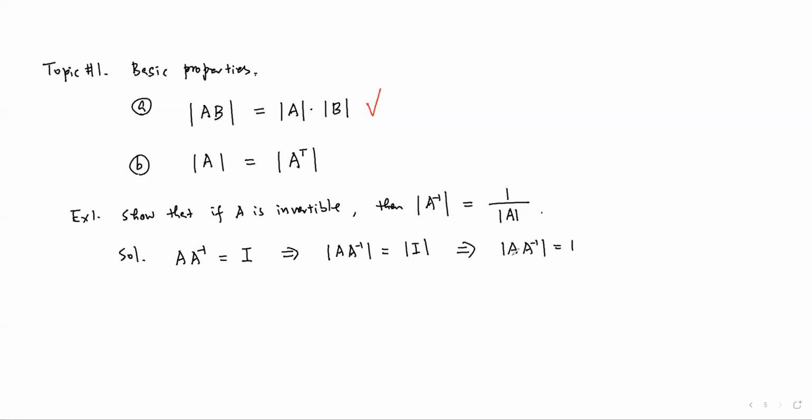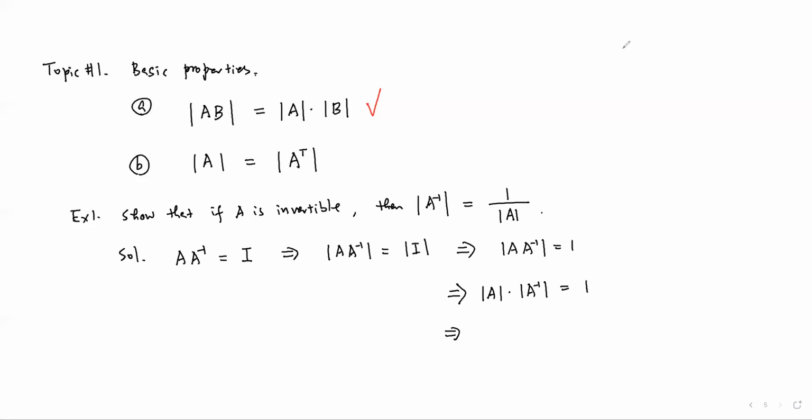All right. Now on the left side, I apply this property: the determinant of a product is the product of determinants. Then, the determinant is a number.